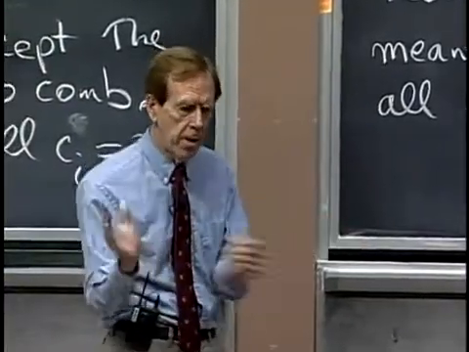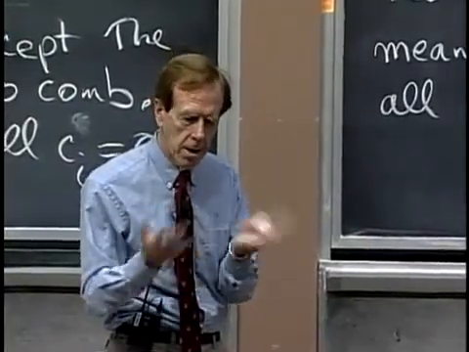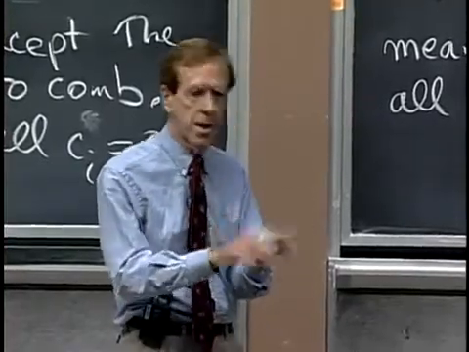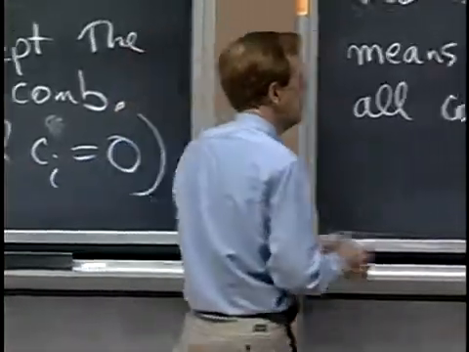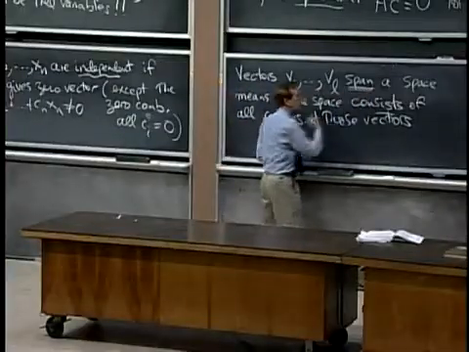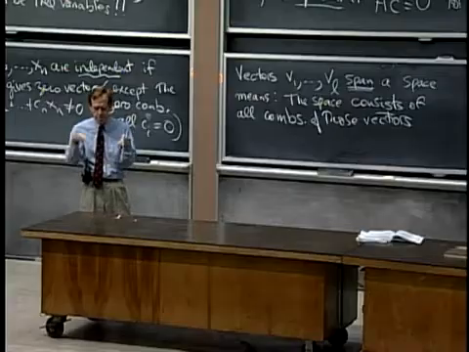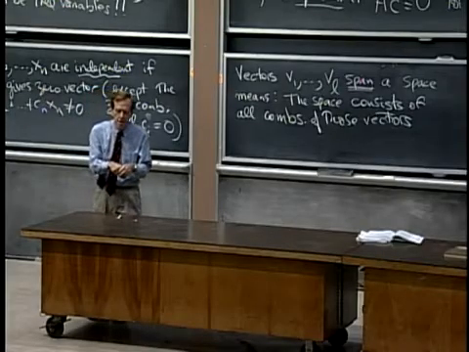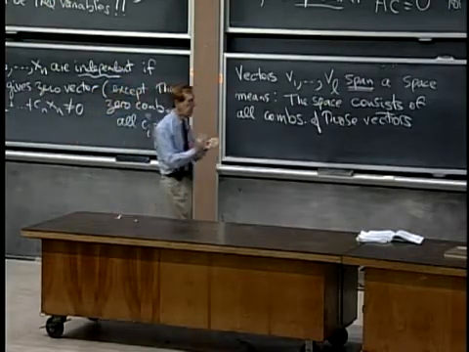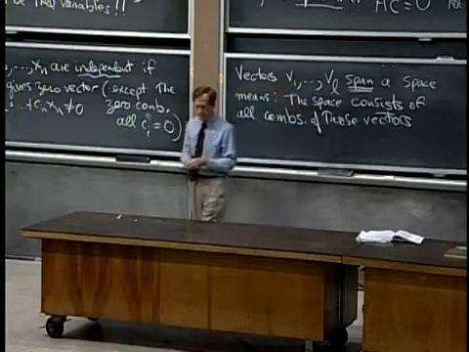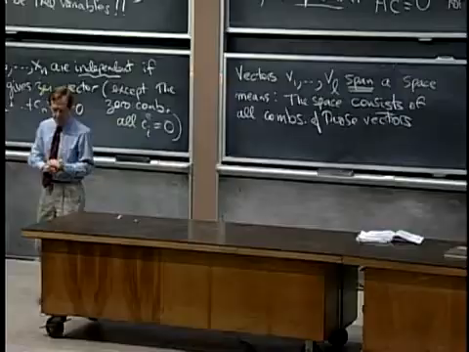And if I stop there, then I've got the smallest space, and that's the space that they span. Okay, so rather than needing to say take all linear combinations and put them in a space, I'm compressing that into the word span. Straightforward. Okay.